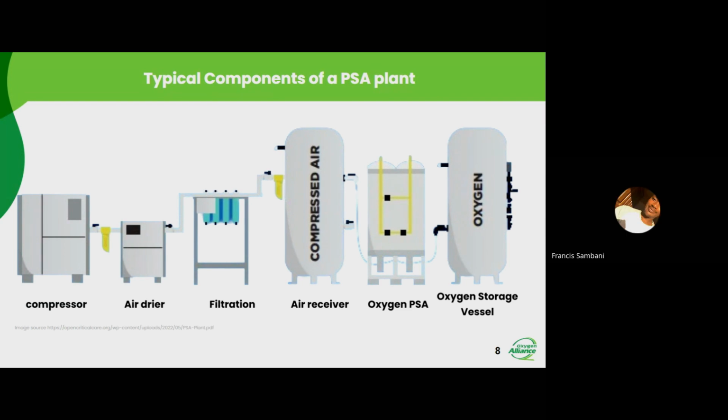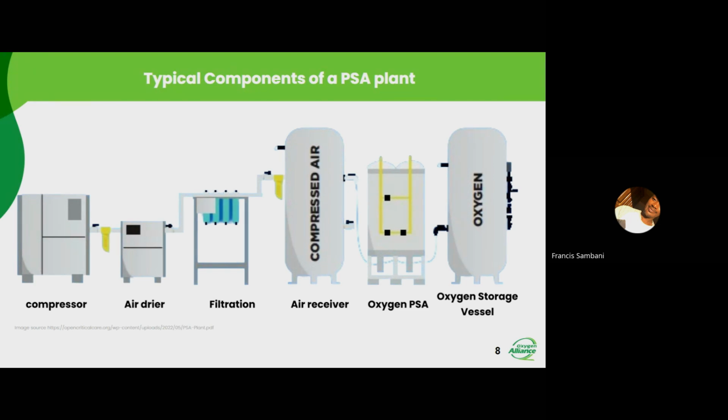For me, this is a good arrangement, but there might be other arrangements out there which I'm not aware of. And then you have your oxygen PSA generator, and then your oxygen storage tank, and then your booster compressor after that, and your cylinder filling manifold if you're filling cylinders, or your direct pipeline going to your wards if that's the case.